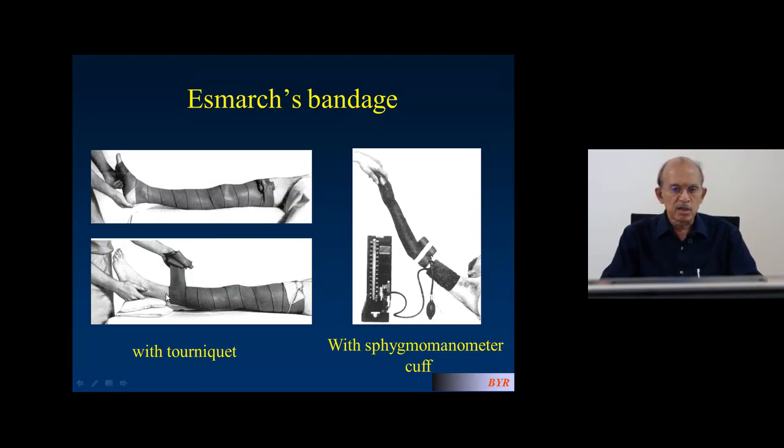That bleeding will be controlled and the wound sutured. This procedure is done to have a quick, very neat operation in a bloodless field. So this is a type of tourniquet, the Esmarch bandage with tourniquet, done for orthopedic operations.